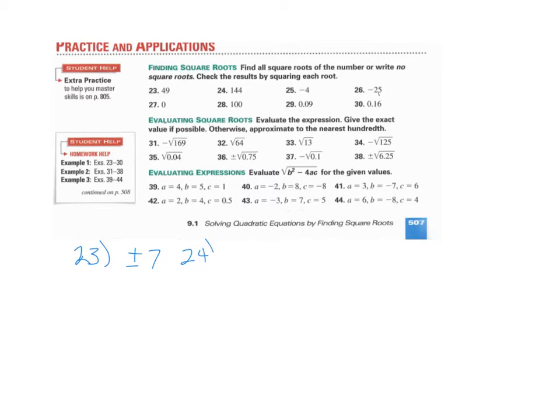Number 24, the square root of 144 is 12, so that would be positive and negative 12. 25, the square root of negative 4, that would be no square root. 26, can you multiply two things to get negative 25? And you can't, so this is again no square root.